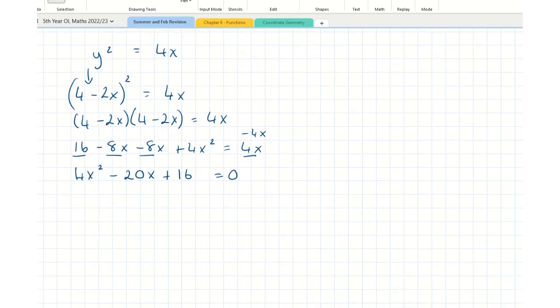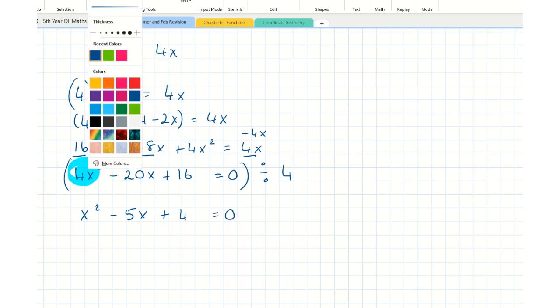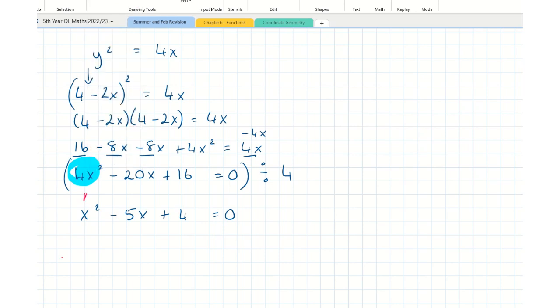So I have a quadratic equation. I'm going to divide everything here by 4, because if I do that, this term here will be an x squared term, which is much easier to solve. So now I have x squared minus 5x plus 4 is equal to 0. Now we're solving a quadratic.